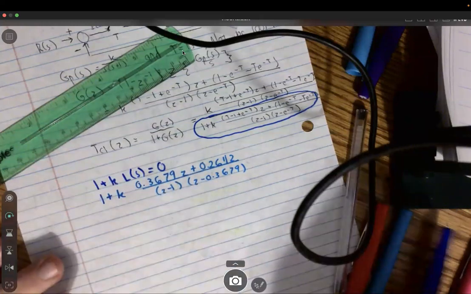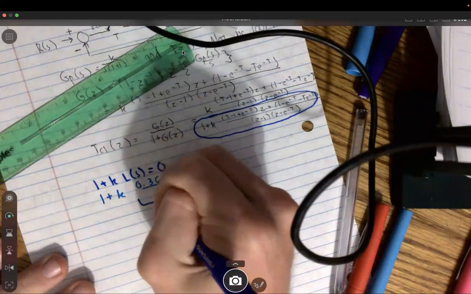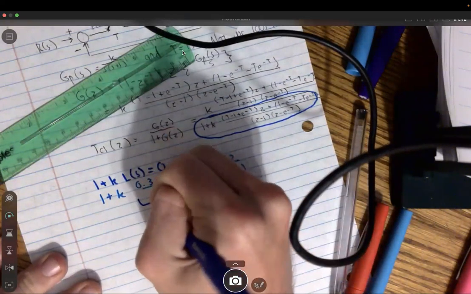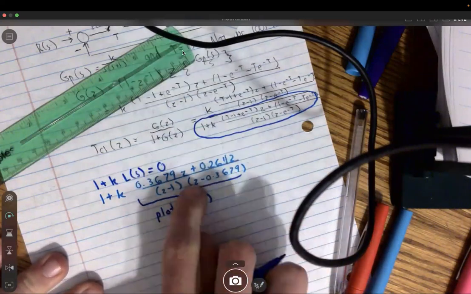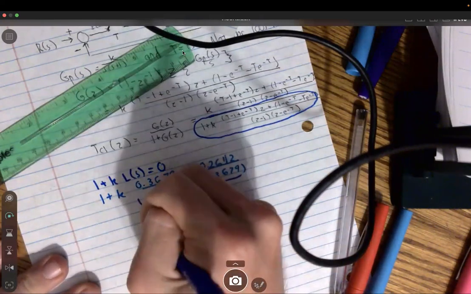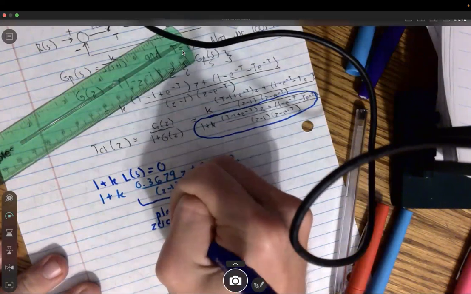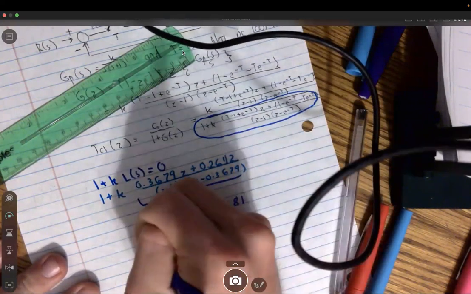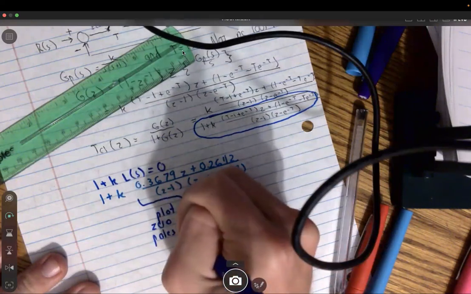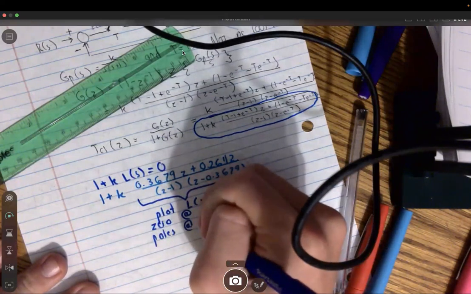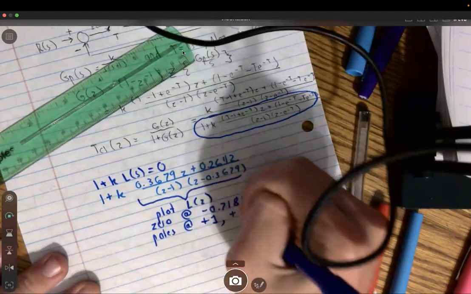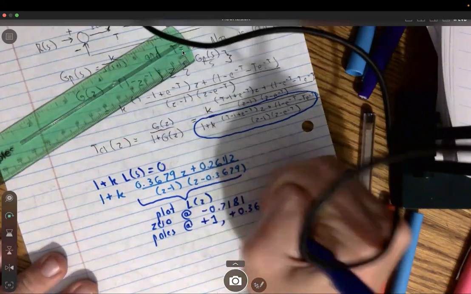When you plot the open loop gain, so plot L of z, you should have a 0 at negative 0.7181, and you should have poles at positive 1, because z minus 1 equals 0, and also positive 0.3679.